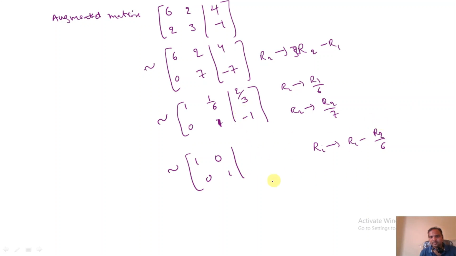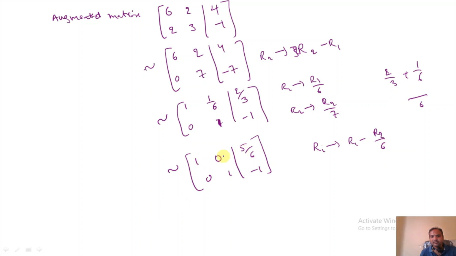So that means 2 by 3 minus 1 by 6 plus 1 by 6. How much? 5 by 6. 5 by 6, minus 1.